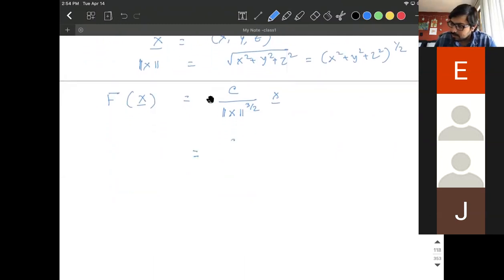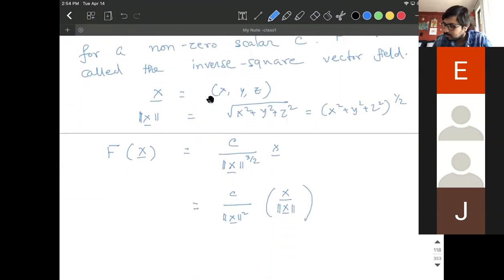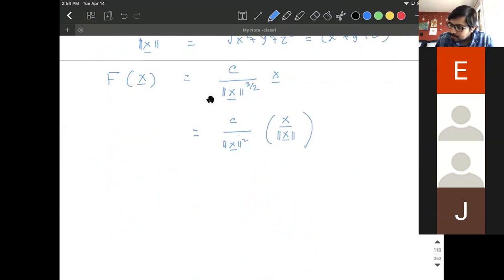Once again, this is the same as C over norm of X squared, times the vector X over the norm. Okay, so it's just a way to rewrite the initial expression. Now, this is the distance, right? Or this is the length of the vector X squared. And notice also the other thing.